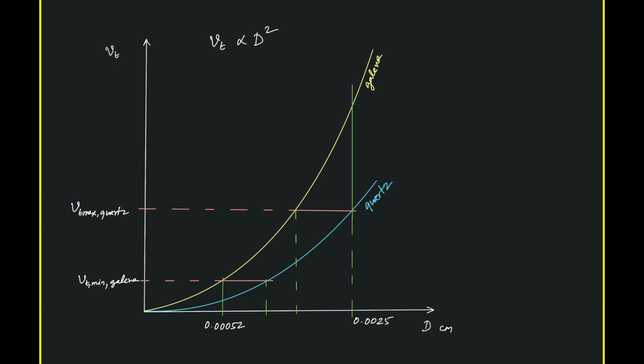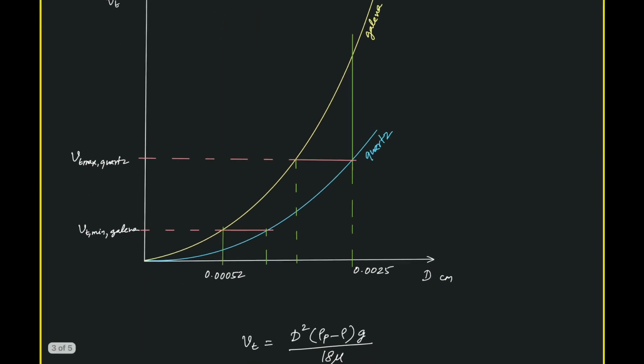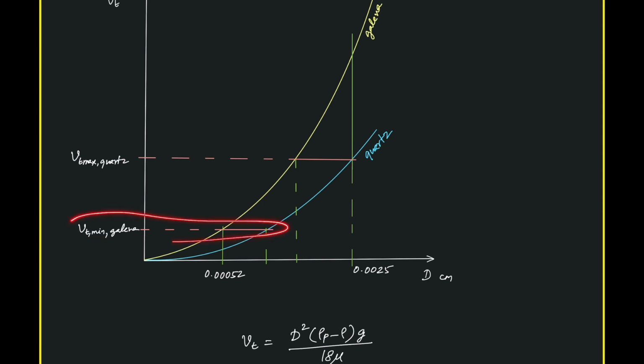We will have pure galena settling corresponding to this size range, from this size to the maximum size. And if we operate at the minimum velocity corresponding to Vt minimum of galena, what will happen?